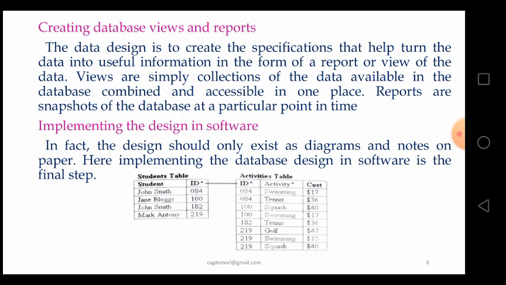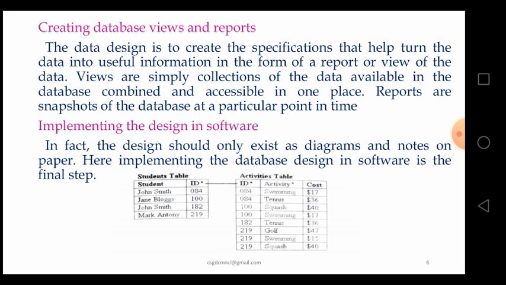For example, students table, another table is activities table. In students table, student name, student ID are two columns.